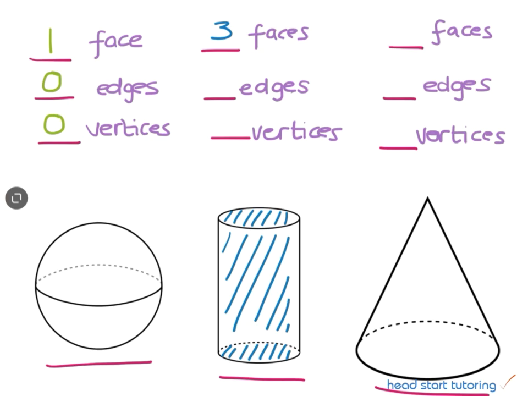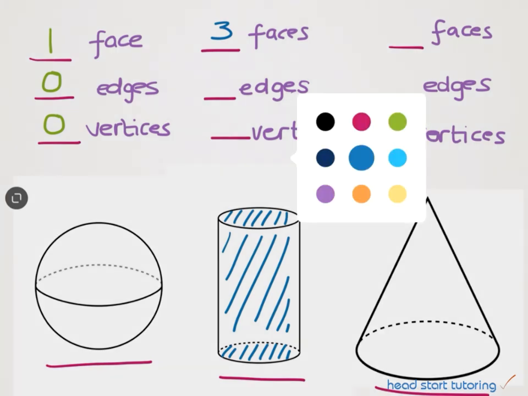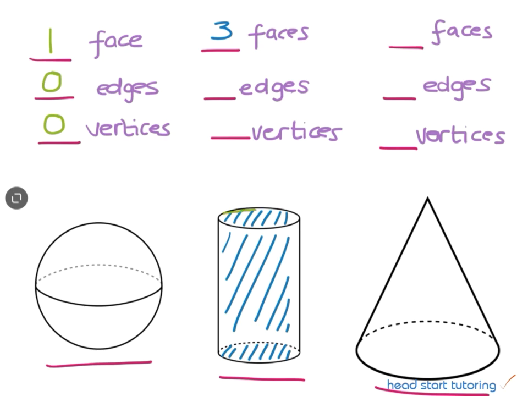And then how many edges do we have? We need to remember that an edge not only joins 2 vertices together, an edge is also a line segment that joins 2 faces together. So in this case, we have got one edge over there because that edge joins this face and this face together.